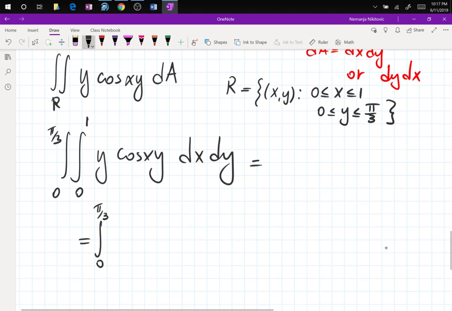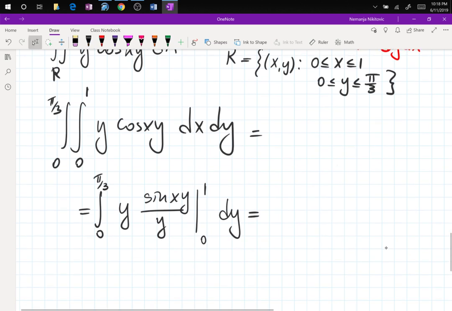So what's my integral over here? Well, my integral over here is going to be, integral of cosine is sine. So I copy the constant y, and then the integral of cosine is sine xy divided by y. And I'm going to integrate this from 0 to 1, and I still have dy for the integral I haven't done.